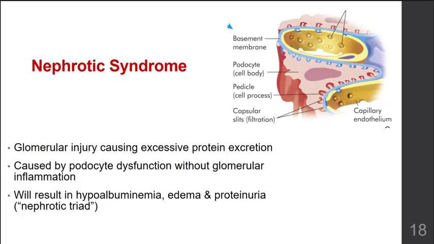So fluid seeps out, and when fluid seeps out, it goes into the tissues and causes edema. So looking at this term here, nephrotic triad, it includes the excessive loss of protein in the urine, much of which we know is albumin, which ends up leading to hypoalbuminemia. Remember, emia has to do with the blood, and then subsequent edema.